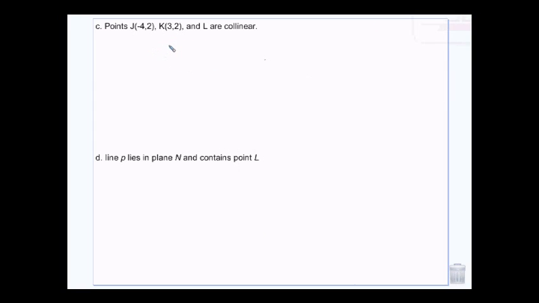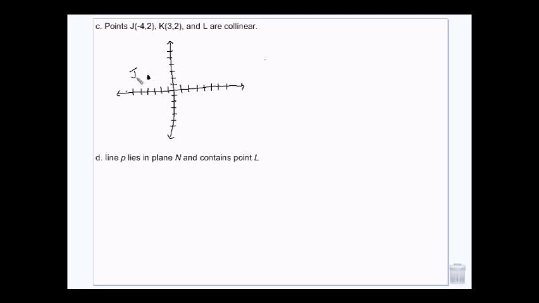So I didn't put a coordinate on here, and let's say I don't have any graph paper. I want to draw some axes. Okay. And then I'm going to just put some relatively equally spaced hash marks. Okay. So I've got to go to J, which is at -4, 2. So 1, 2, 3, 4, 1, 2.